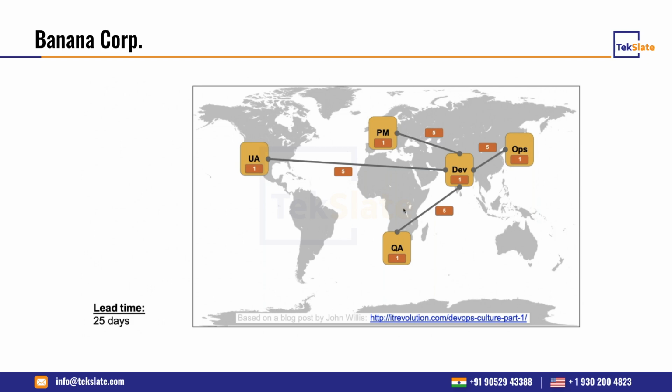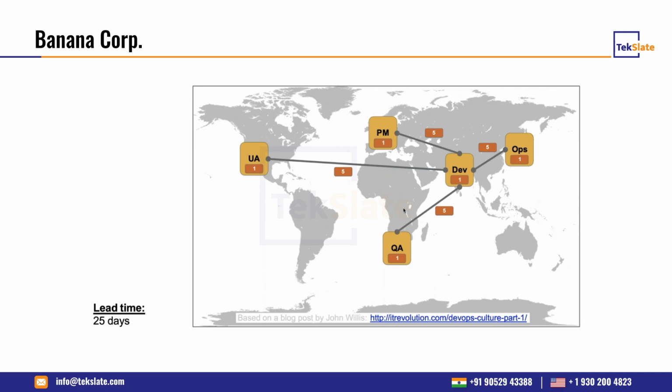If you see these numbers 1, 1, 1, suppose the actual implementation work is estimated at 1 day only. But due to a lack of communication and the silos within an organization, it takes too much time. Suppose it's 5 days, 5 days, 5 days, and the lead time goes to 25 days. Lead time is basically the time it takes to deliver a feature from when the idea started to when it goes to production.